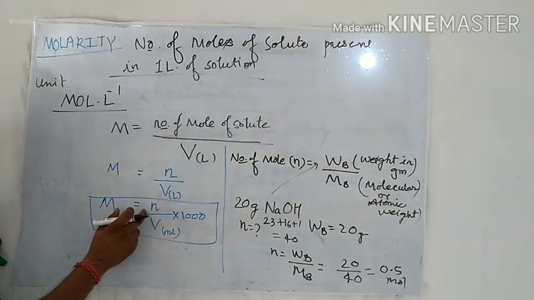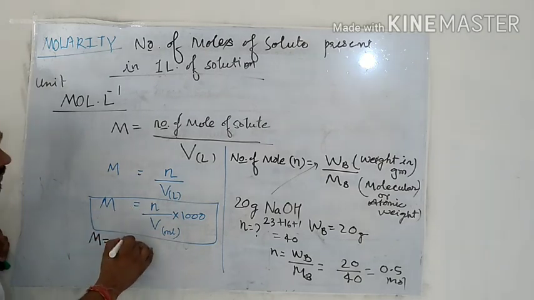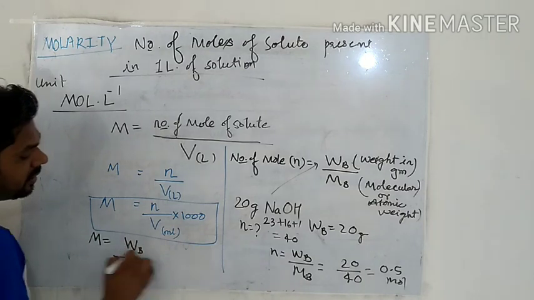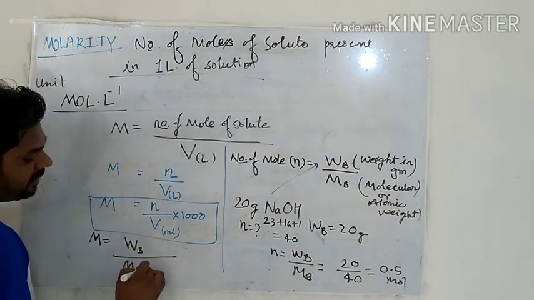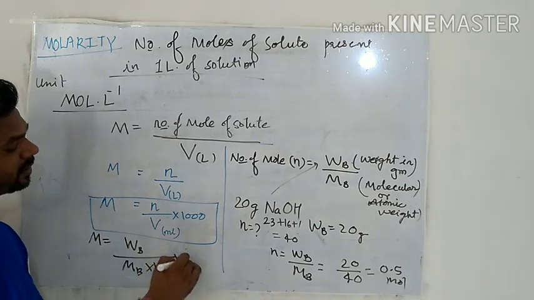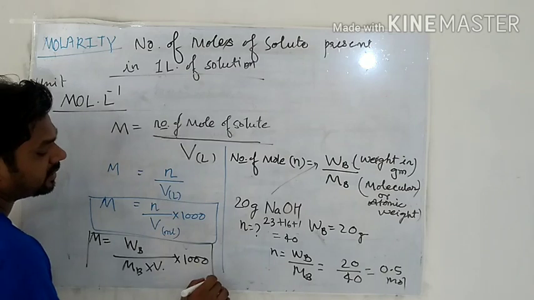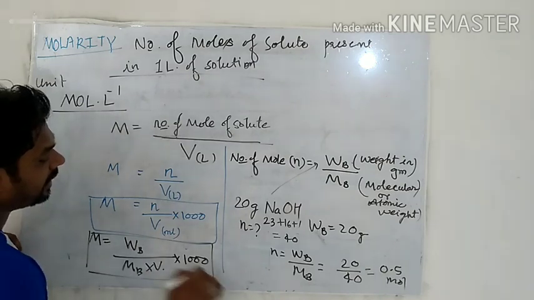So here in place of n, we can also write that molarity is equal to WB upon MB into volume, multiplied by 1000, and the unit I just told you is mole per liter.